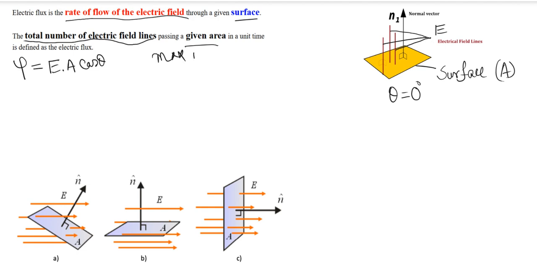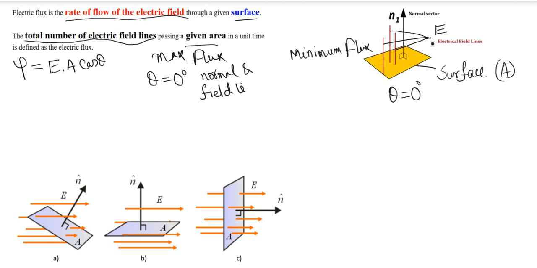So here, maximum flux and minimum flux. Let's try. If we consider theta equals 0 degree, it means the normal and field lines are parallel.